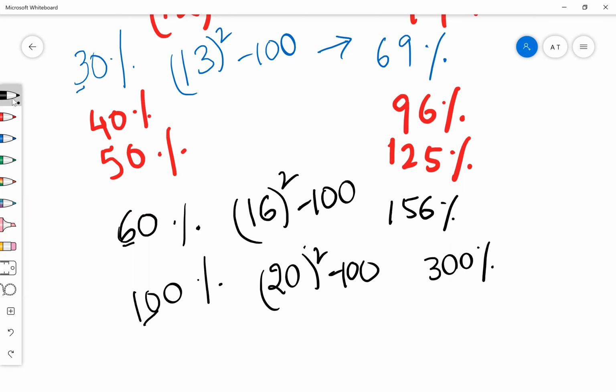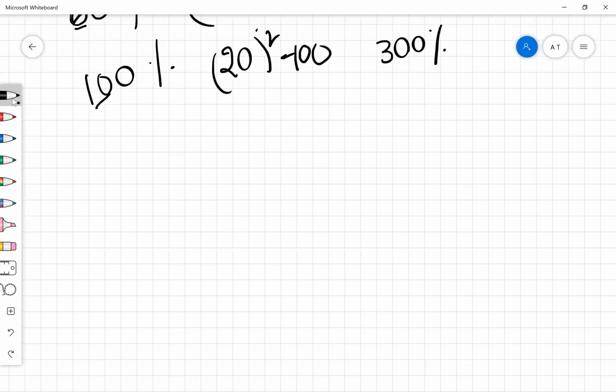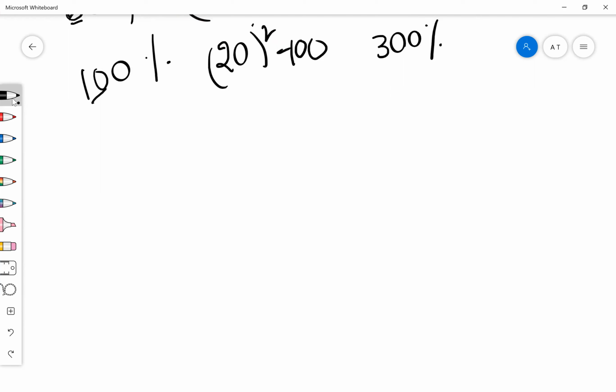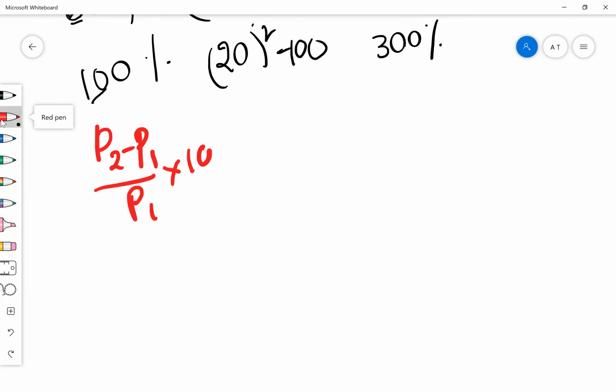How could we arrive at this shortcut? Actually, we were given P2 minus P1 by P1 into 100. This is the percentage increment in the value of momentum.